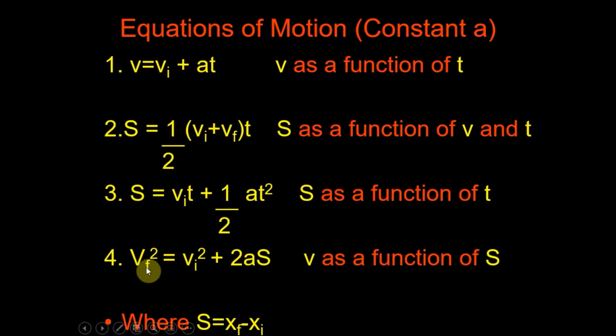And finally, Vf squared is equal to Vi squared plus 2As. And remember, S can be a displacement in either x or y directions, or even z sometimes, depending on the situation.